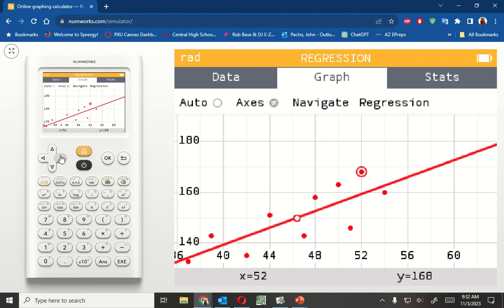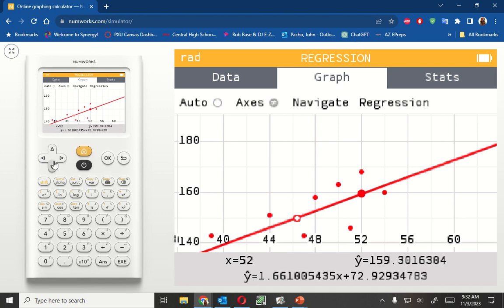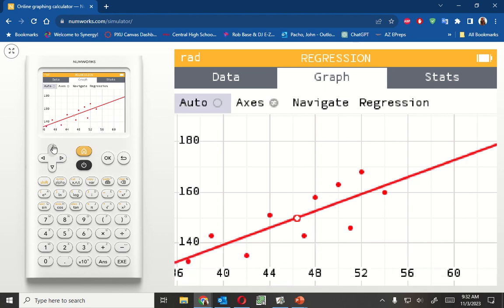You said it's under there? I'm not seeing it. No, seriously, I'm still new to this. This is my first year using this calculator. Go up to regression, where you put the line.